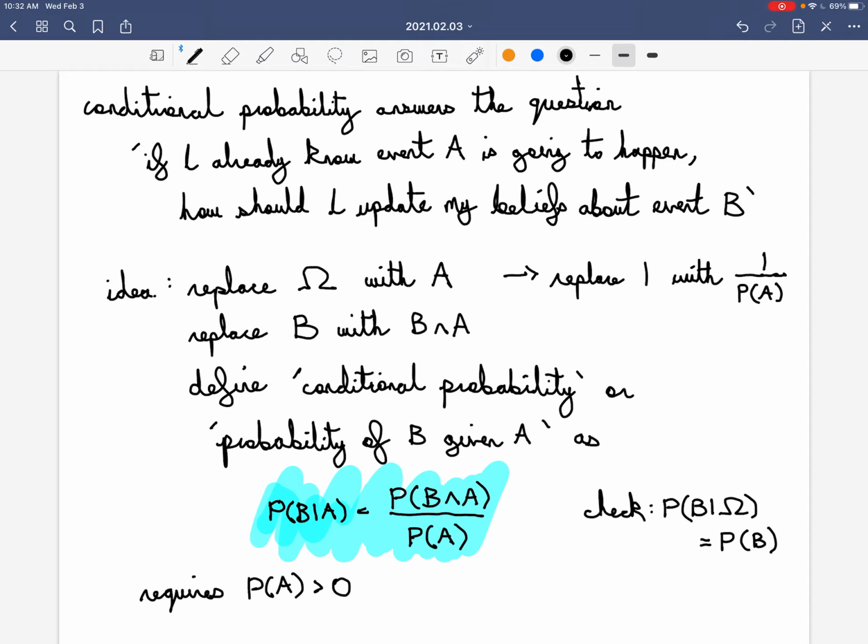It asks, if I already know that event A is going to happen, how should I update my beliefs about event B?